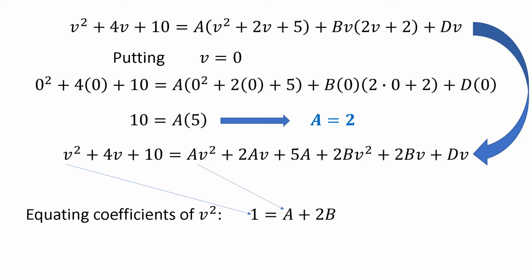We took A as a coefficient of v squared, which is the first term on the right side. We took 2B as the coefficient of v squared, being the fourth term on the right side of the equation. We know A to be equivalent to 2. So we now can substitute this in the equation. 1 is equal to 2 plus 2B. Now we could solve for the value of B, which is negative 1/2.